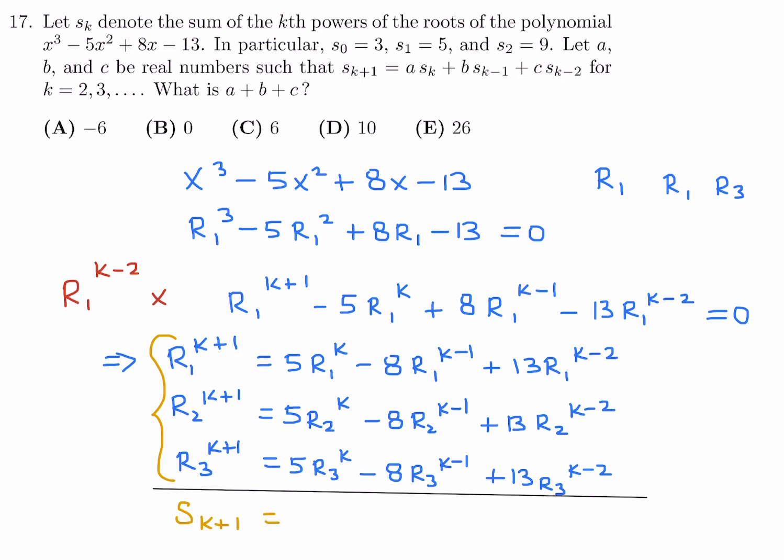And then similarly here, this would be 5, and then you add up these guys, and that would be Sk. Here, minus 8. You're adding up these 3, that's Sk minus 1. And then, of course, those 3 with the 13 out front is Sk minus 2. So now we look at this, and it looks very similar to this.